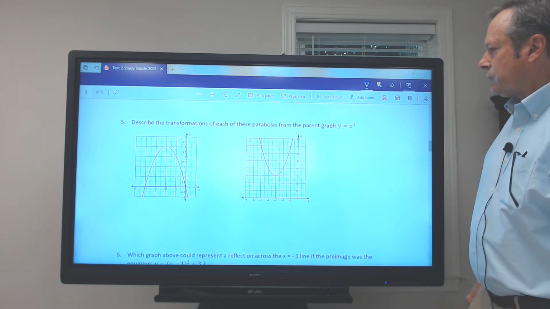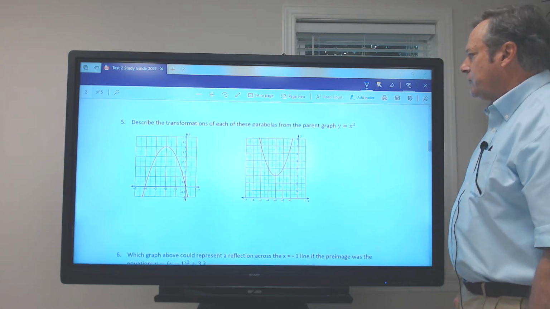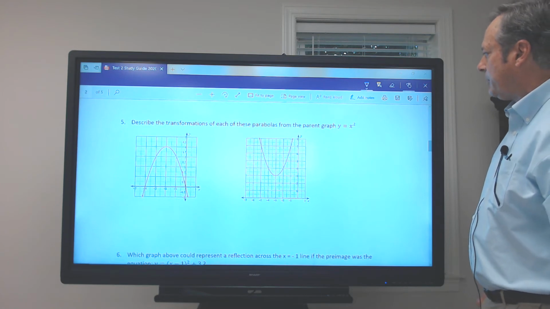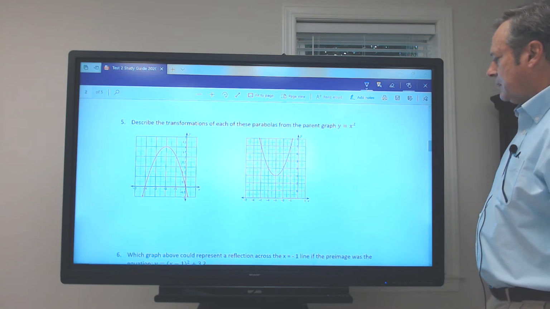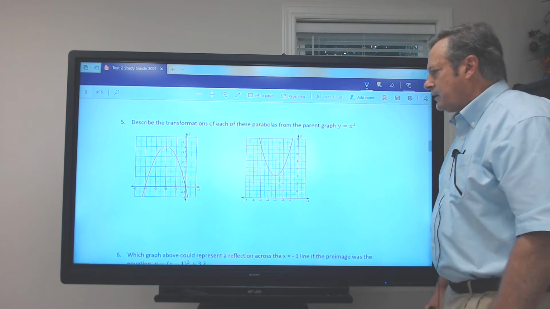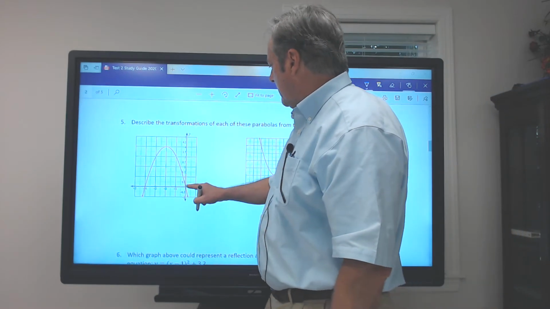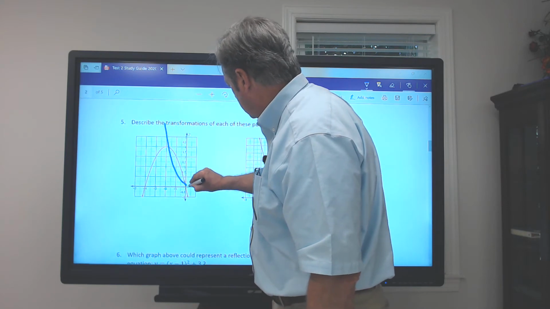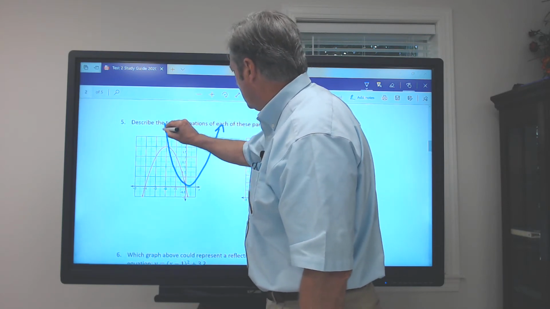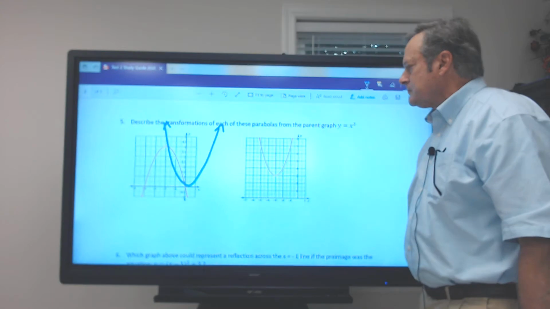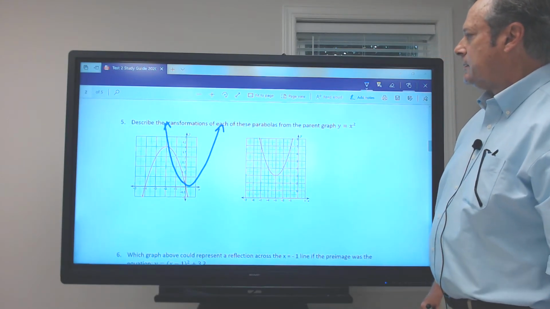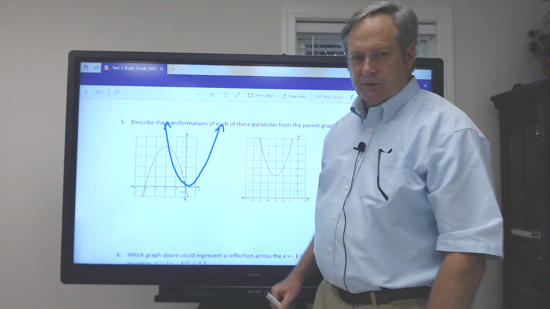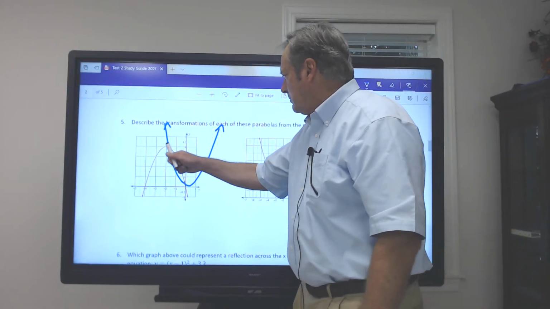All right, so describe the transformations of each of these parabolas from the parent graph. Okay, well, let's remember where the parent graph is. The parent graph is centered on the origin. So it's going to look more or less like that. So how did you go from this blue, the parent graph, to the red?